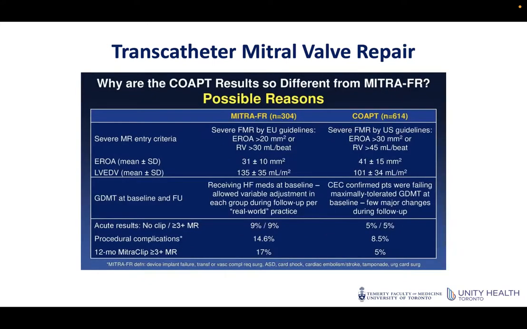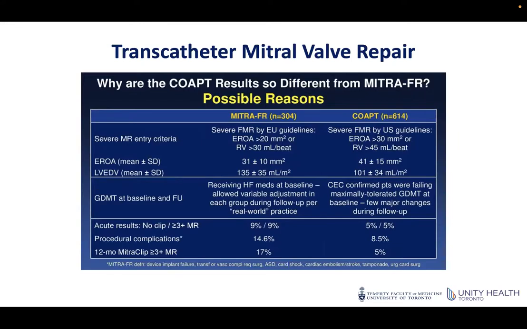And obviously that has led to a lot of analysis trying to understand what could have been the differences in the populations treated in the two trials to potentially justify the different outcomes and results. One of the main differences appears to be the definition of the severity of the mitral regurgitation, which was not as severe in the MITRA-FR trial compared to the COAPT trial.